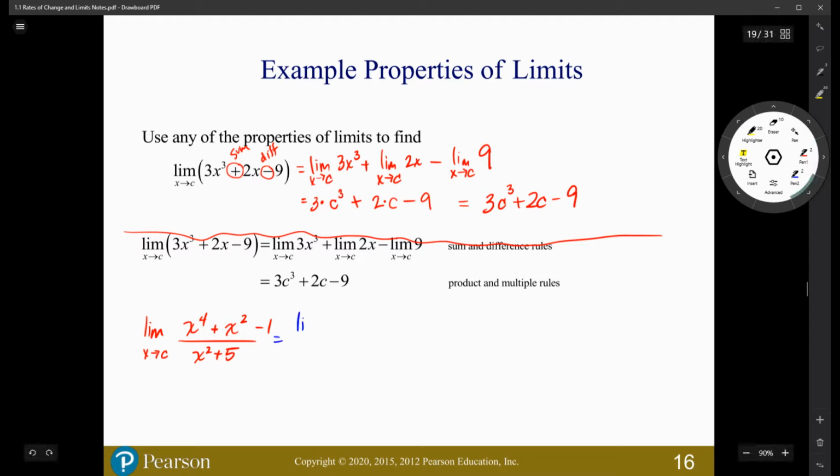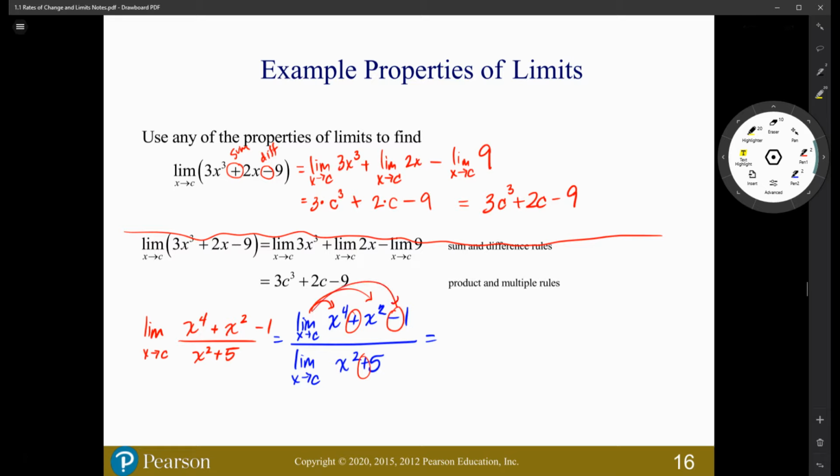So one thing we can do is evaluate the limit as x approaches c of the top, the numerator, over the limit as x approaches c of the denominator. Then looks to me like we have a sum and a difference on top. We have a sum on bottom. So this is the limit as x approaches c of x to the fourth and of x squared and of 1. And it's the limit as x approaches c of x squared and of 5.